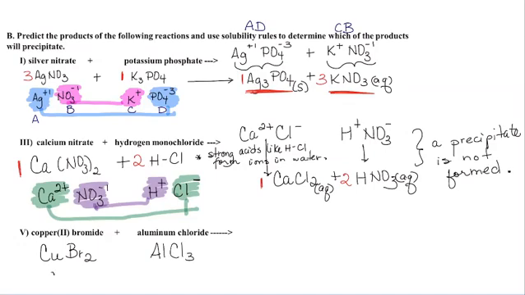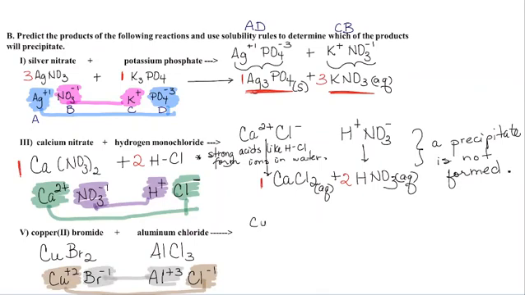When we break it into ions, Cu plus 2, Br negative 1, Al plus 3, Cl negative 1. We exchange the ions: cation, anion, cation, anion.